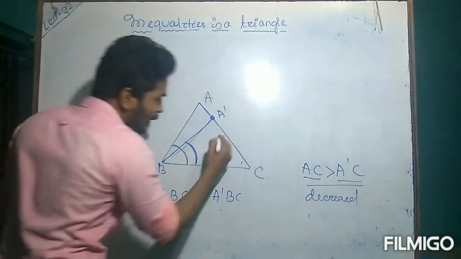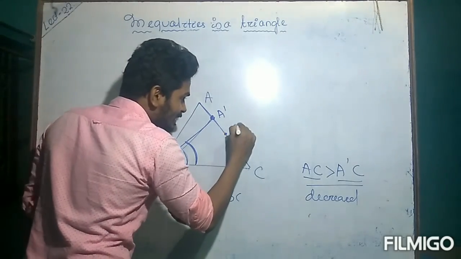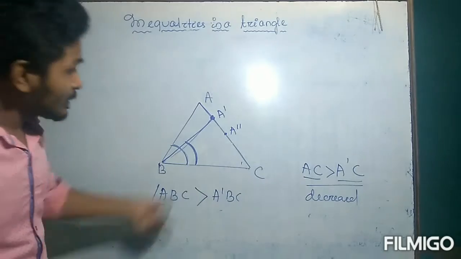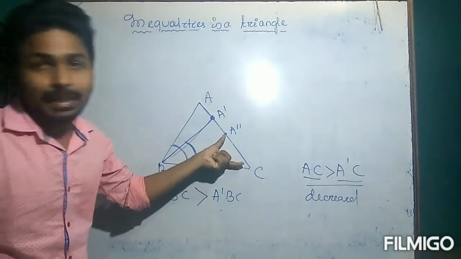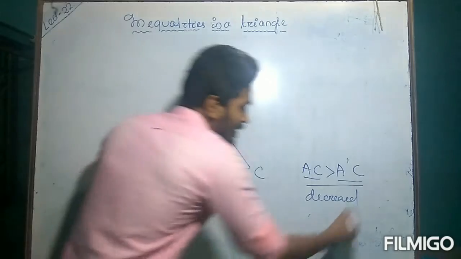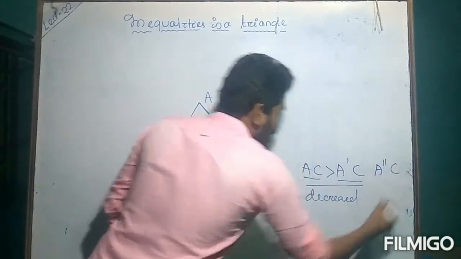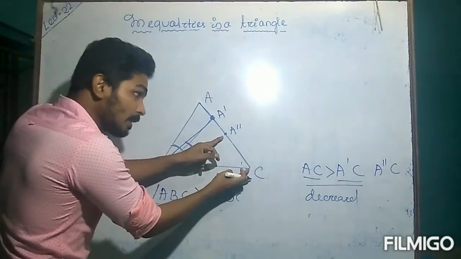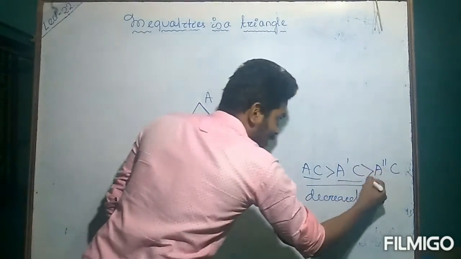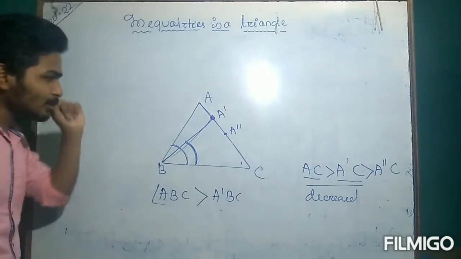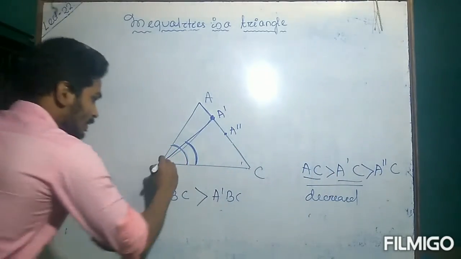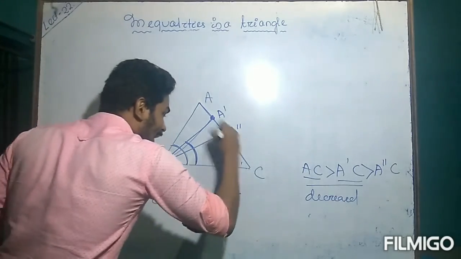Understood? Let us take one more point here. Let's say this is A double dash. So again I have decreased the length A dash C to A double dash C. Again I have decreased the length. So definitely A double dash C is smaller than A dash C, isn't it? So here also I have decreased the length of the side AC. Then what happens to the angle here? For this, let us join B with A double dash.